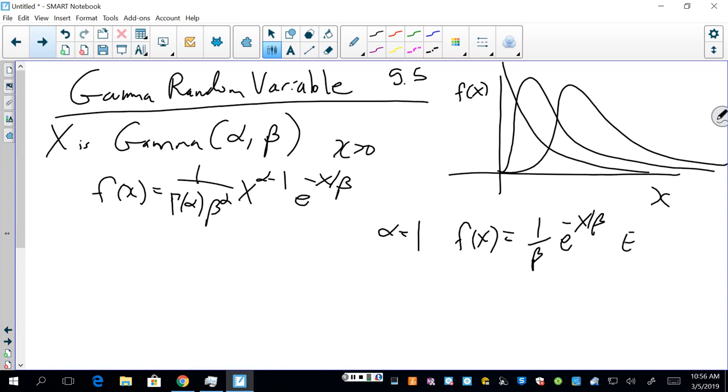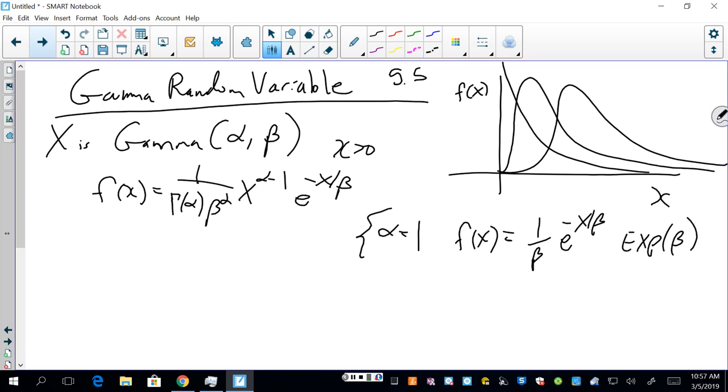Right? So it's an exponential with parameter beta as a special case. But that alpha in there can modify the shape and cause it to be out further. So that's going to change the mean, change the relationship to the variance, change the moment generating function, and other things.